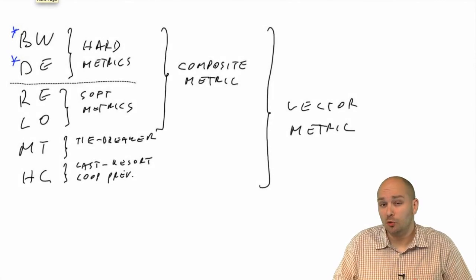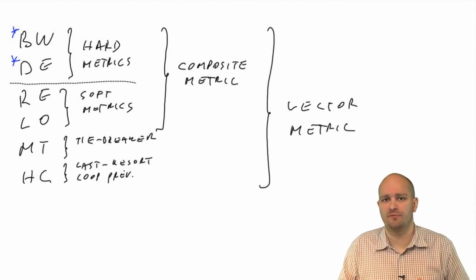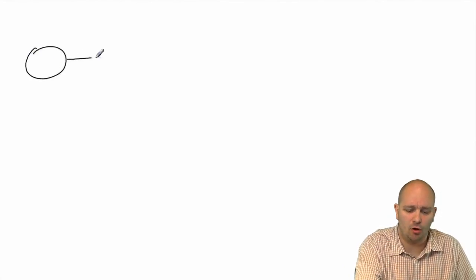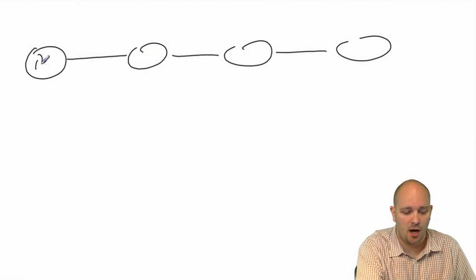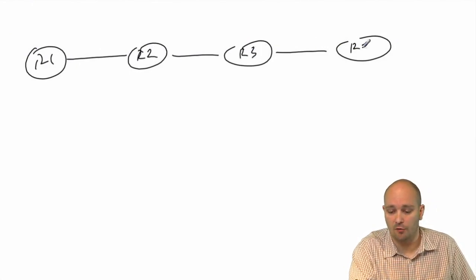Now that we know what makes up EIGRP metric, let's take a look at how this information propagates throughout our network. So let's say that we had a network consisting of, say, 4 routers, and I'm going to call them R1, R2, R3, and R4.